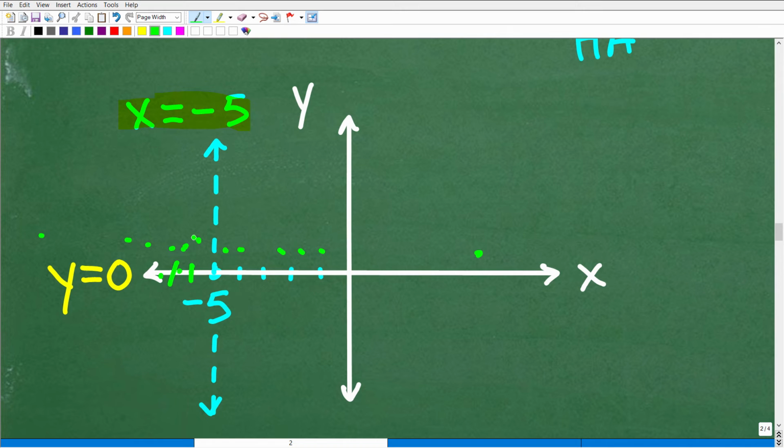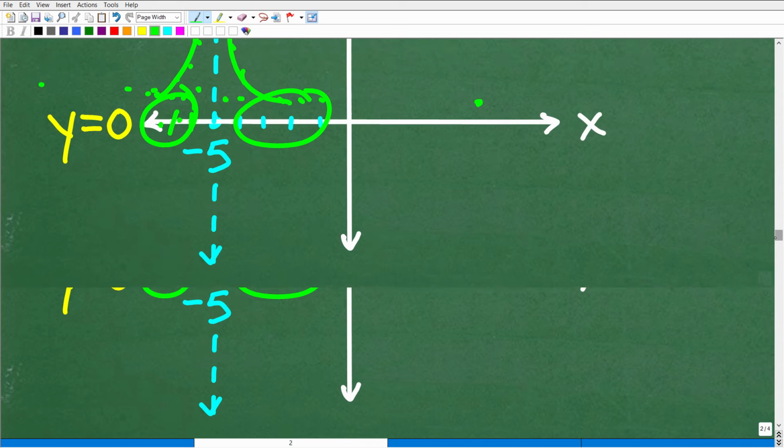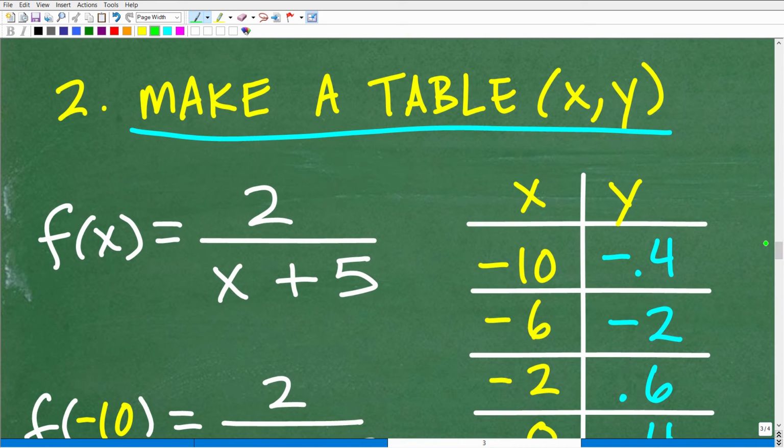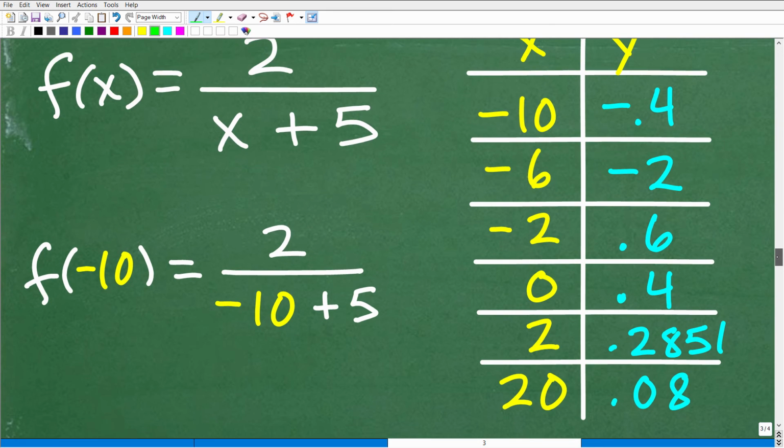But you don't need a ton of these x points, just enough to get a sense of what's going on. Like, how are these branches being constructed? So I'm going to select a few over here and a few over here. Again, I'm just showing a quick example of how to do this problem. So here are my x values, I just made these up.